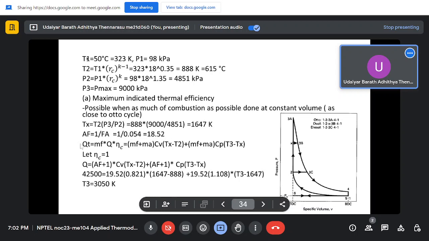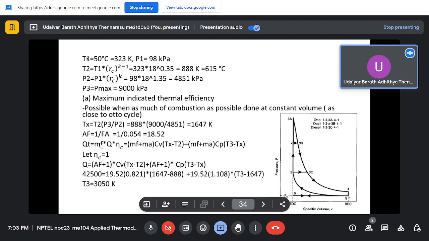The Q supplied in the process is m dot F into the calorific value into the combustion efficiency, which equals (m dot F plus m dot a) Cv (Tx minus T2) for the constant volume process, plus (m dot F plus m dot a) Cp (T3 minus Tx) for the constant pressure process. We are given the combustion efficiency as 100%, so the efficiency of combustion will be 1.